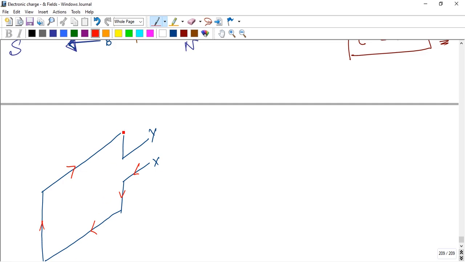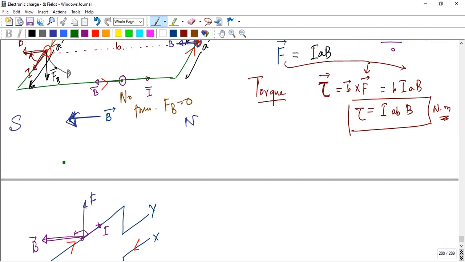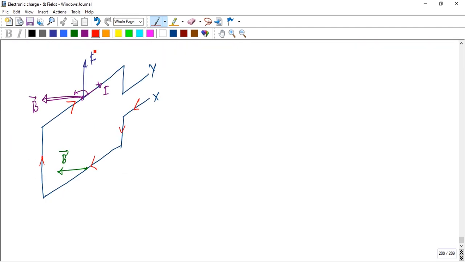If the magnetic field is in that direction and I goes in that direction, I cross B gives a force that goes upward. Similarly, the magnetic field is in the same direction, and I cross B is clockwise, so the force goes downward.